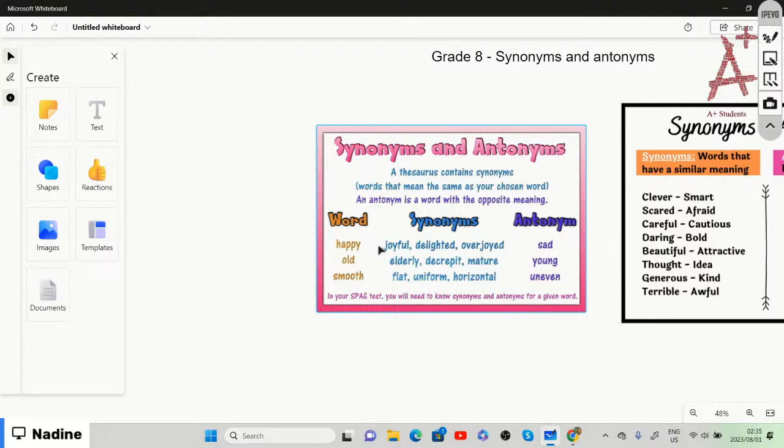The synonym of happy, the word similar in meaning, is joyful, delighted, overjoyed. But the opposite, which is the antonym of happy, is sad.